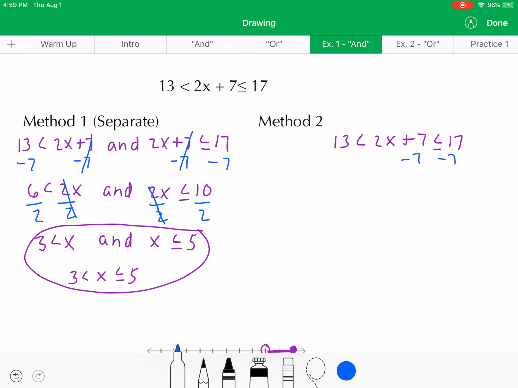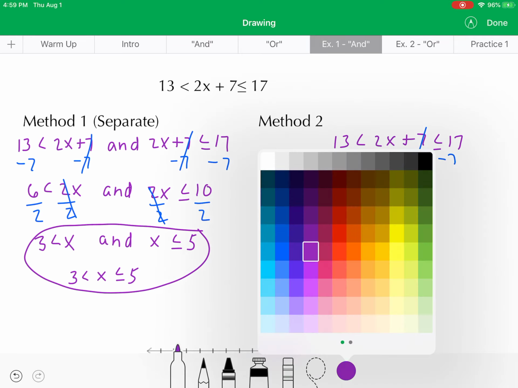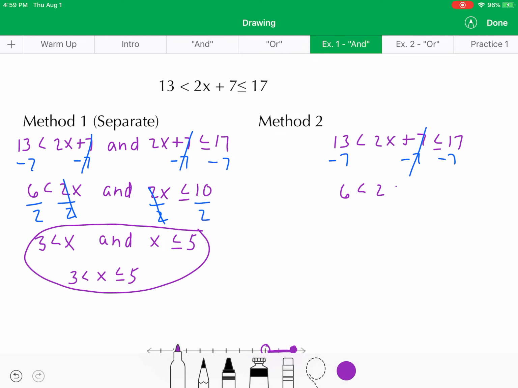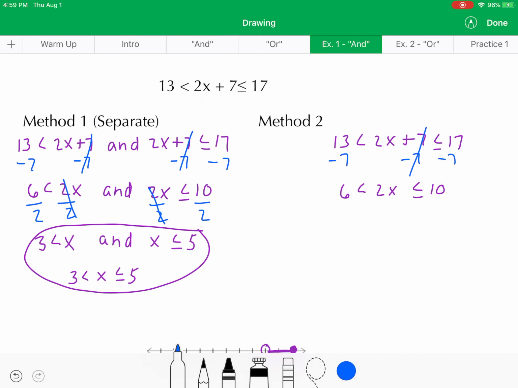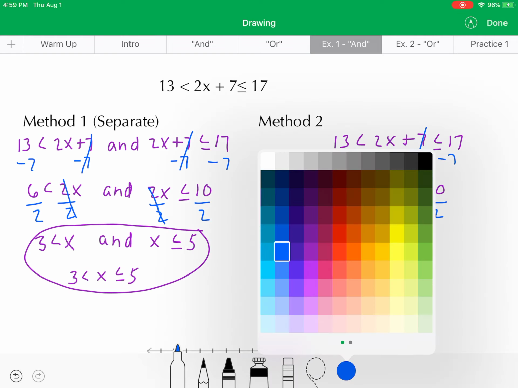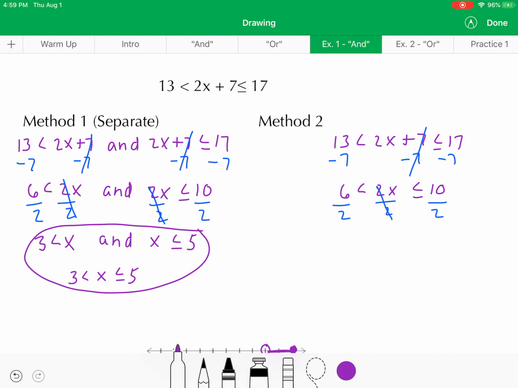So I'm going to subtract 7 everywhere, middle, left, and right. That's going to take me here. 6 is less than 2x, which is less than or equal to 10. Then I'm going to divide by 2 everywhere. And 3 is less than x, which is less than or equal to 5. Notice I arrive at the same solution, just with a little bit less work.